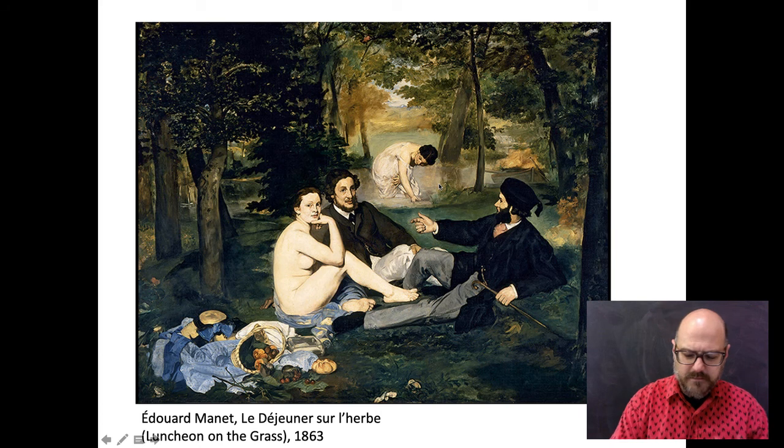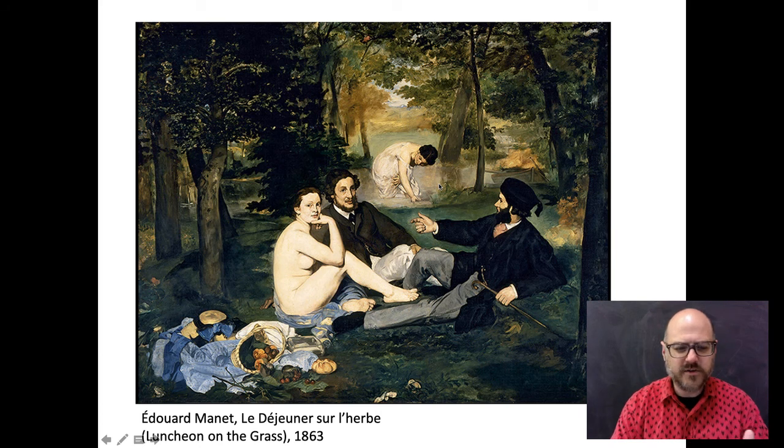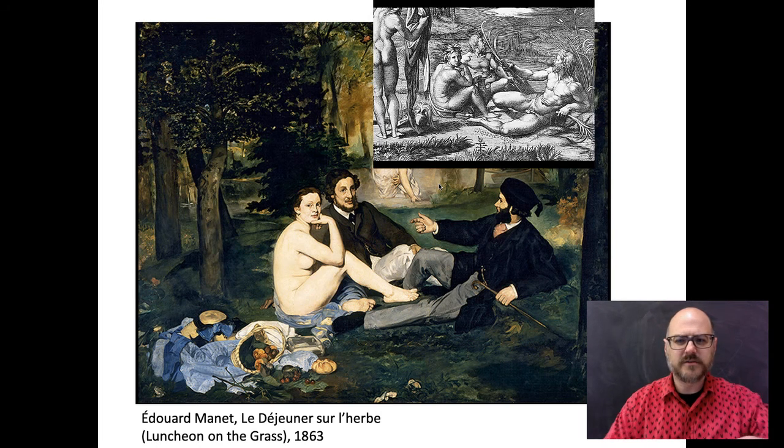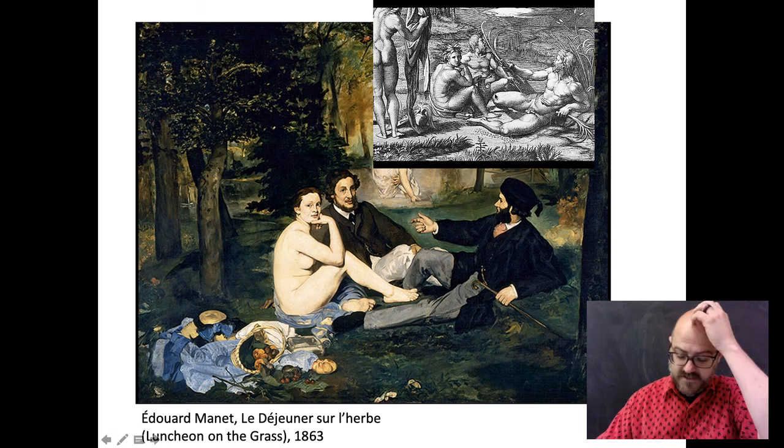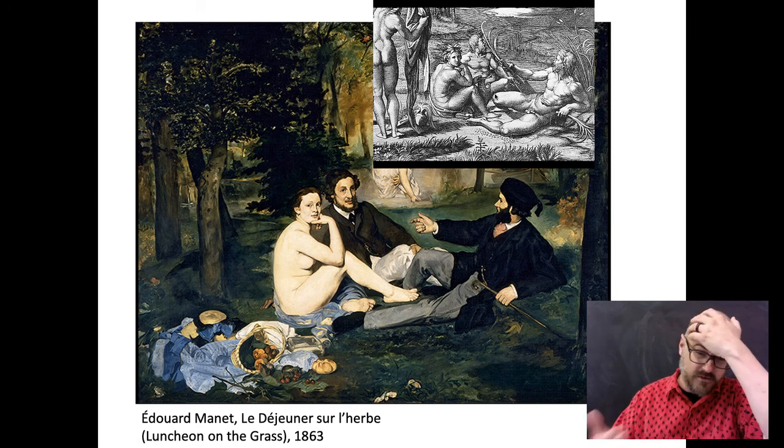But the people complaining about this being nudity is really ironic because there were tons of nudes in the Salon, but they were usually allegorical Greek references, nude not for nudity's sake, but they had a purpose. Which is interesting because if you look at this composition, this is an etching by Raimondi that's based on a Raphael painting that no longer exists.